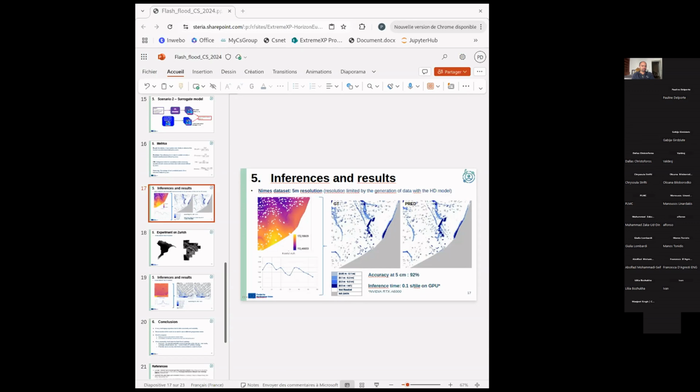Like that, we have a small memory of the events and the rainfall. We tried LSTM. And transfer learning is what we are studying now, actually, with the Zurich model, because we have a big model with Zurich, and now we want to see if with a small amount of Nîmes data we can have as well a good accuracy. But thank you for your suggestion.